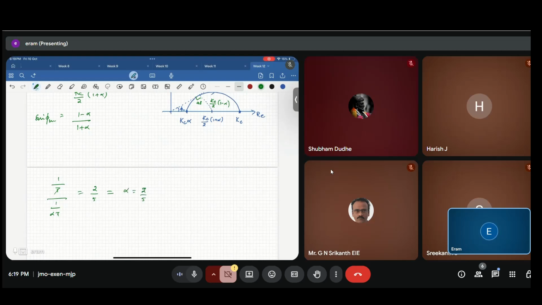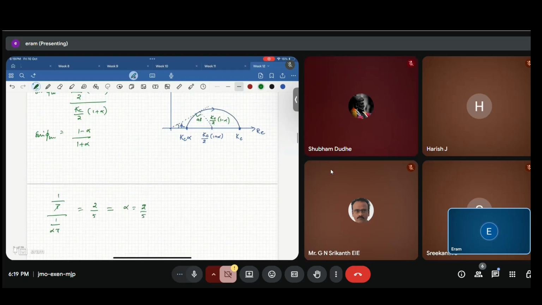Okay, so from here we can calculate alpha. Now we have alpha, calculate sine phi m, and from there calculate the angle phi m.